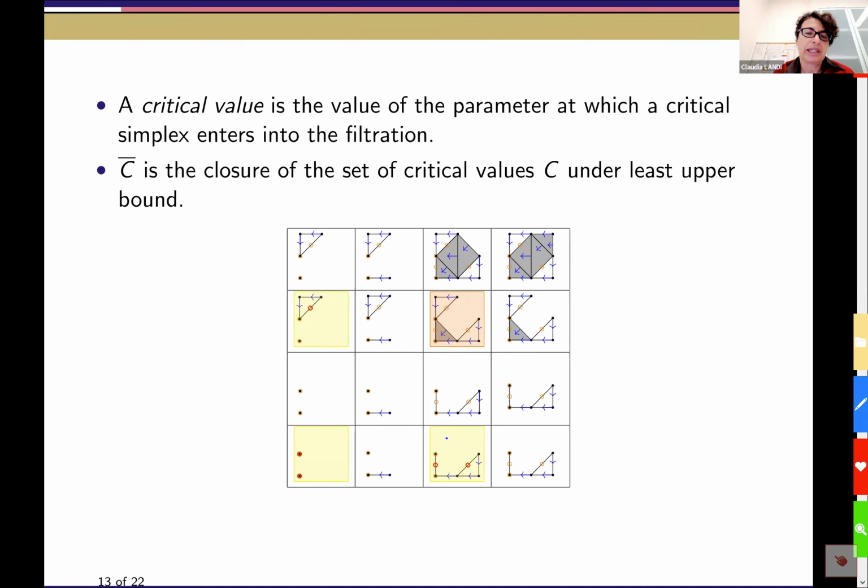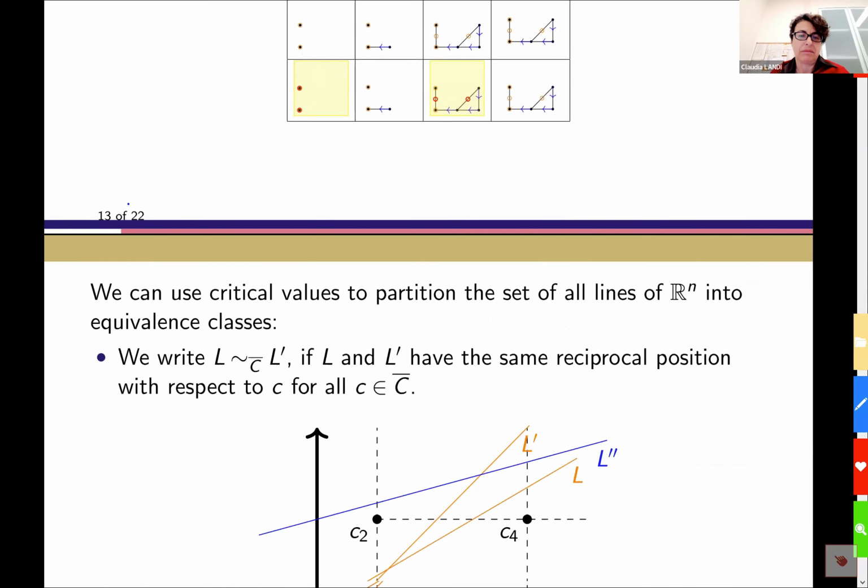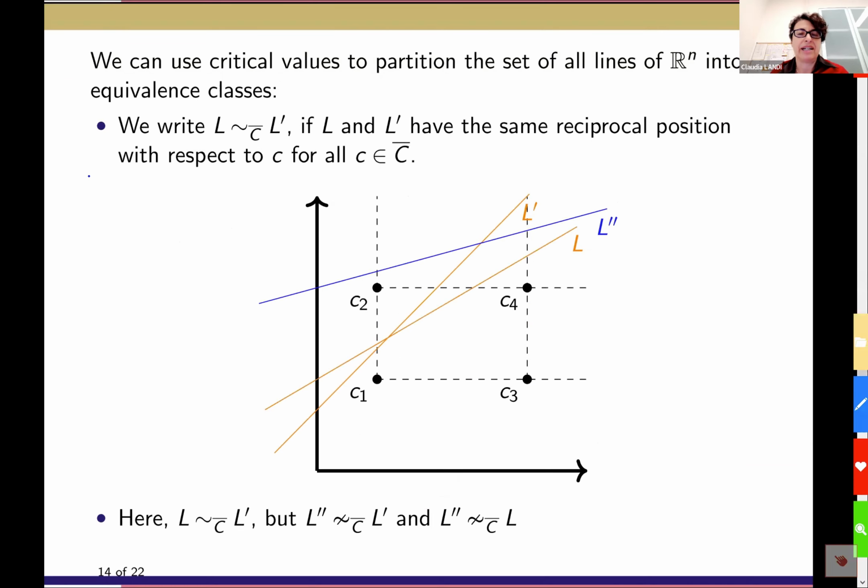And also we take the least upper bound of these critical values. And what we will see is that these grades of the filtrations are the relevant ones, because what happens outside that doesn't make any difference, as everything collapses to the critical cells. In particular, we can define an equivalence relation between lines as follows.